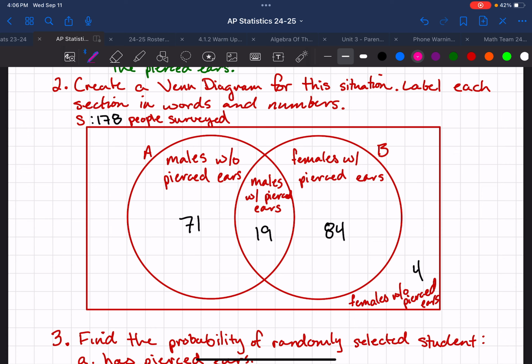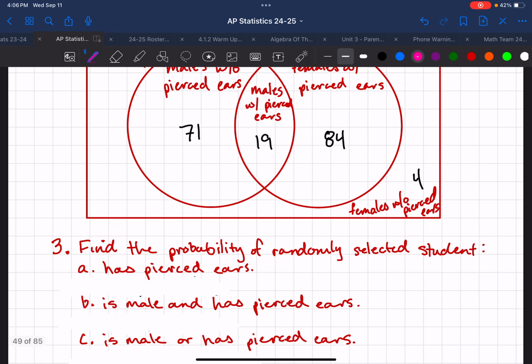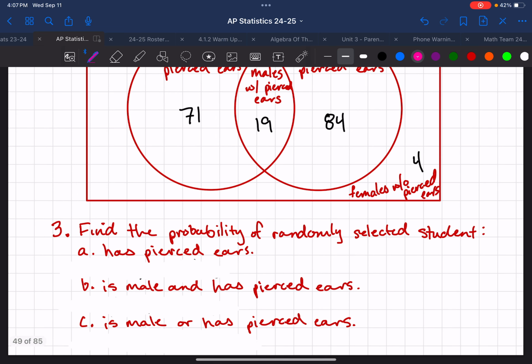So go ahead, pause the video if you need to catch up on drawing, but we're going to take a look at 3 questions. So find the probability of randomly selecting a student who A, has pierced ears, B, is male and has pierced ears, and C, is male or has pierced ears. So go ahead, pause the video, do these problems, and I'll put the answers up here in just a moment.